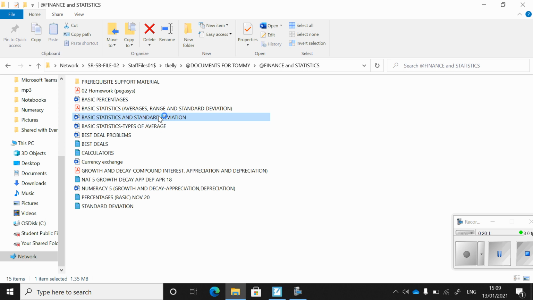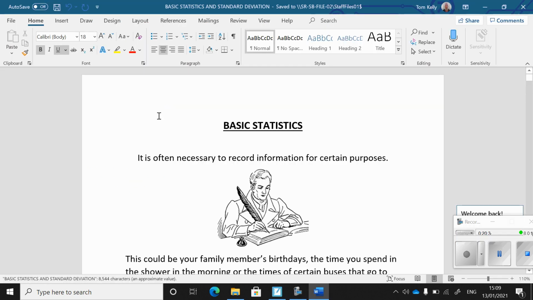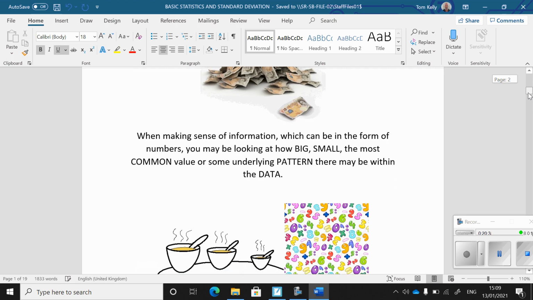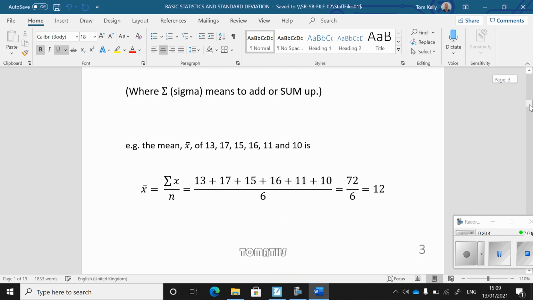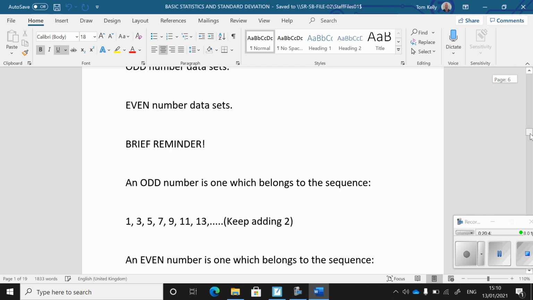you will have access to this document here that I'm showing you. So this document here, apart from all your basic statistics, your mean, your mode, your median, takes you all down there.